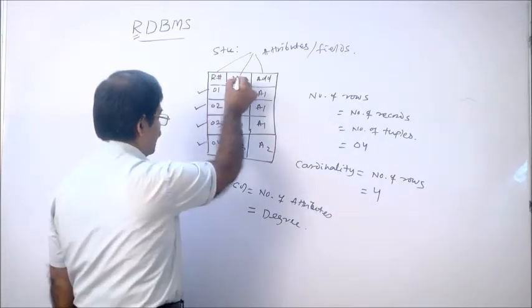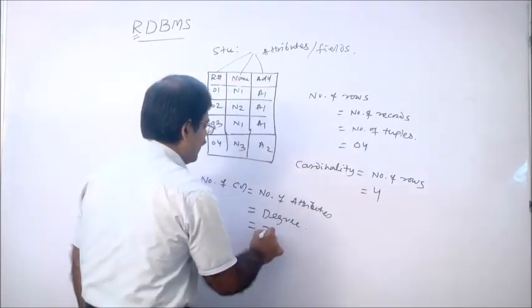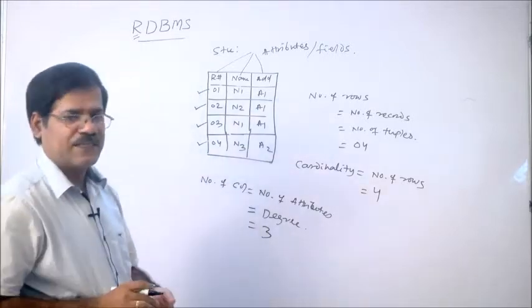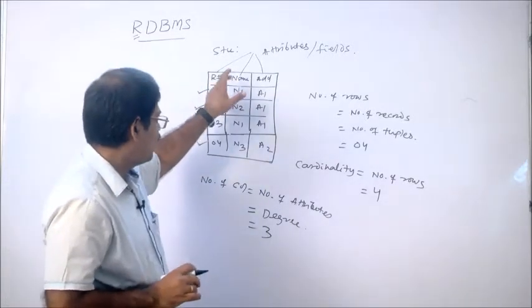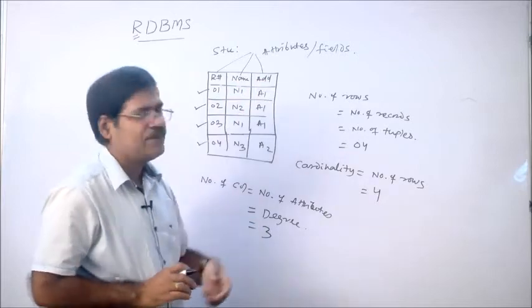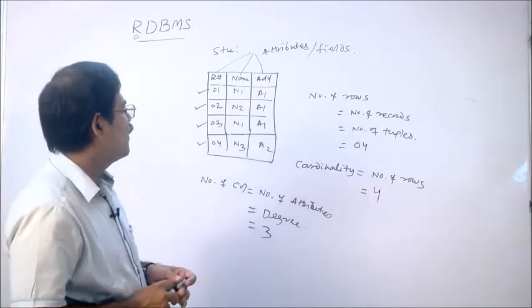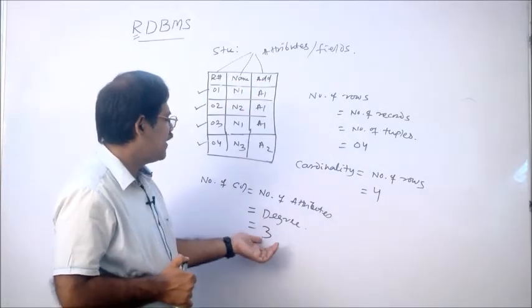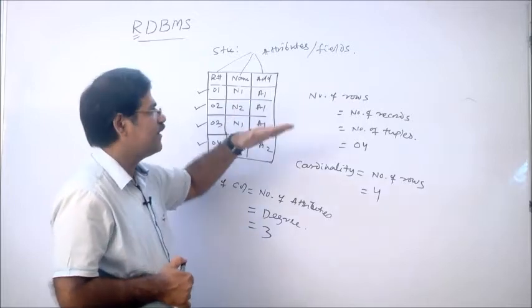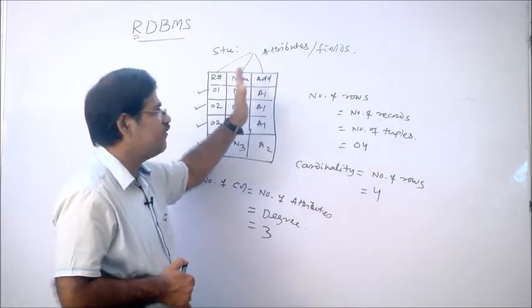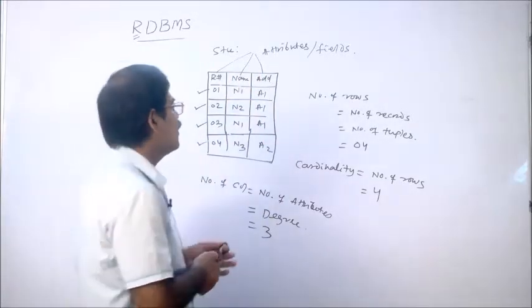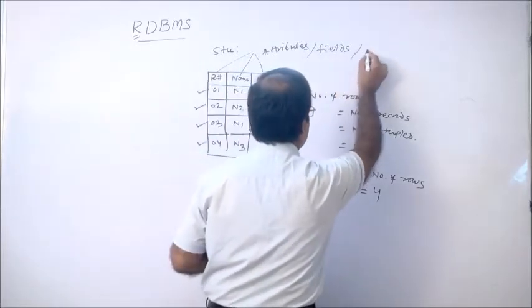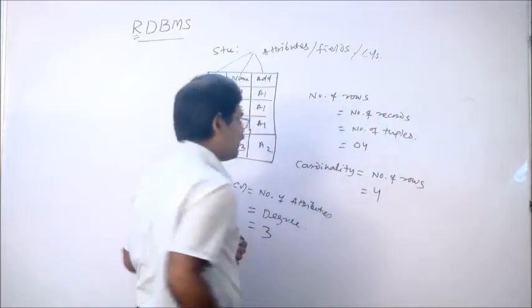Degree is 1, 2, 3. In this particular example it is equal to 3 because there are 3 attributes present in this table. So, the degree of this table is 3 because 3 columns, 3 attributes, or 3 fields are present. So, attribute is the same as field or column.